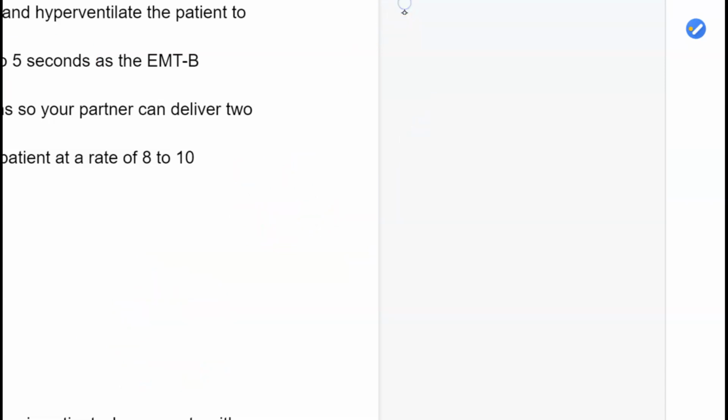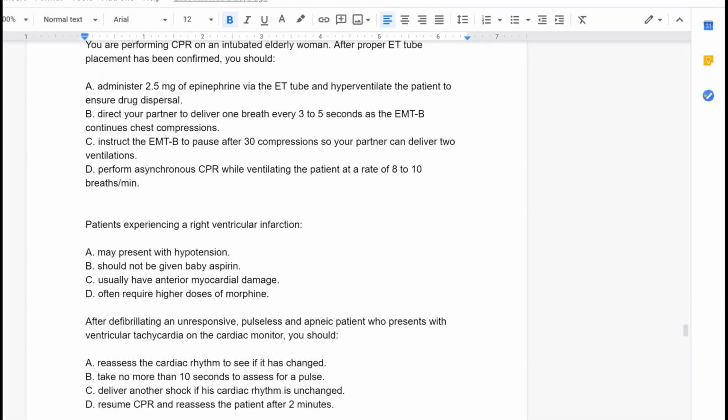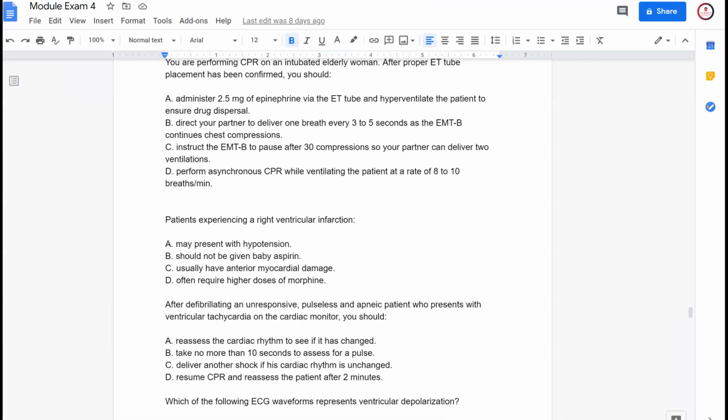And if there was involvement, we would be very cautious when administering nitro because you could tank the patient's blood pressure. That's the bigger problem. So your answer here is A, presenting with hypotension.